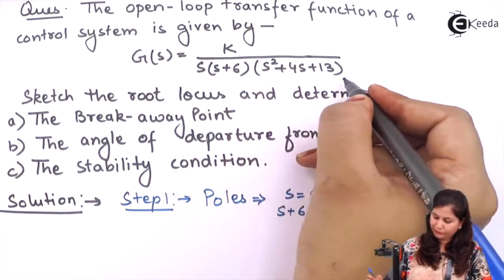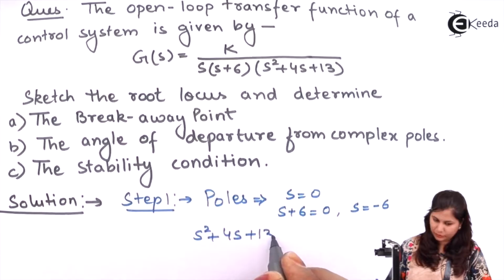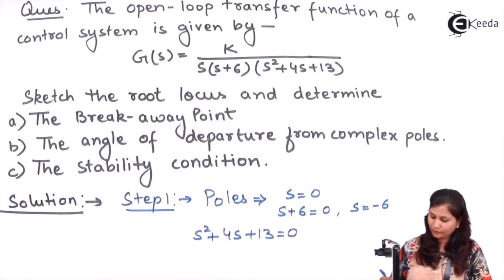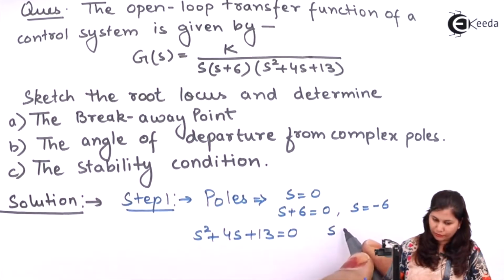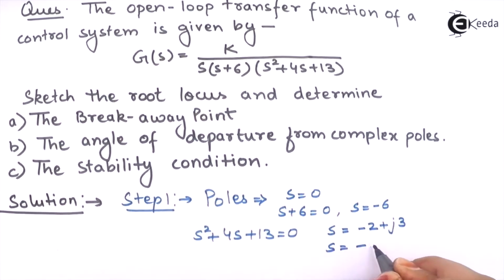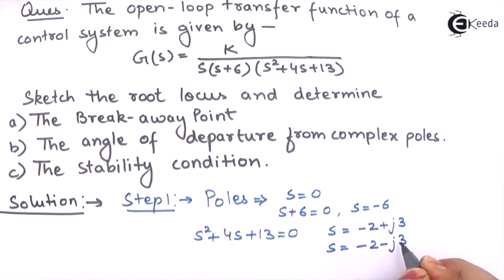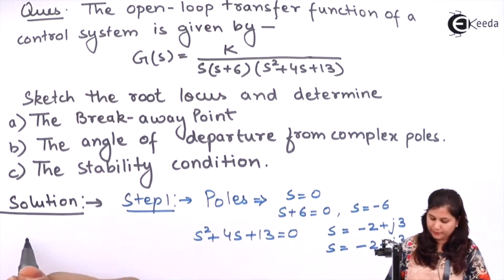And our third pole will be s² + 4s + 13 equals to 0. So when we solve this quadratic equation, its root will be minus 2 plus j3, and the second root will be minus 2 minus j3. So we are having 1, 2, 3, 4 poles.